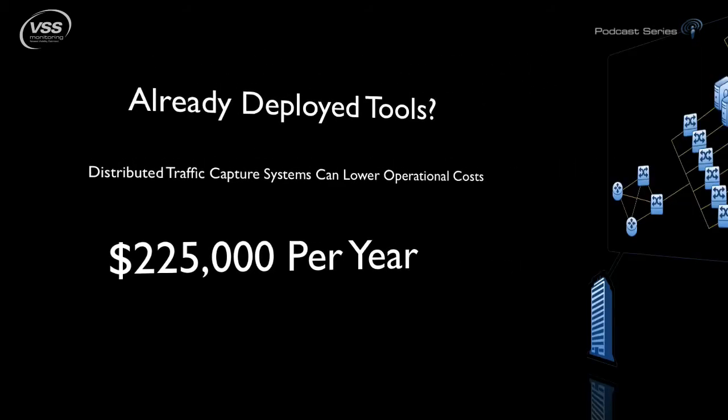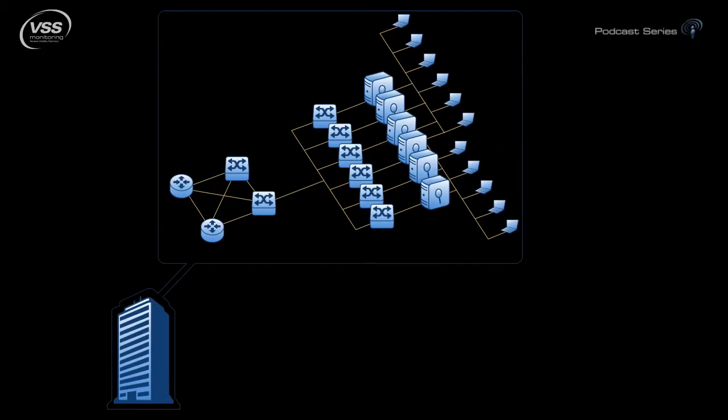So what does that look like? Here we can see the same enterprise we were looking at before. Now I'll remove the cost and effective monitoring tools and apply a distributed traffic capture system from VSS Monitoring. By inserting a single tap, VSS can centralize visibility to each IDF and provide complete visibility all the way to the desktop.